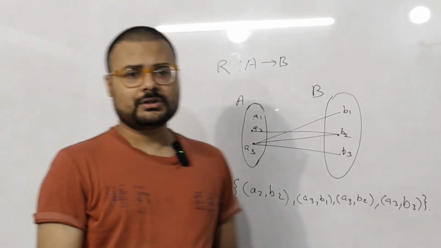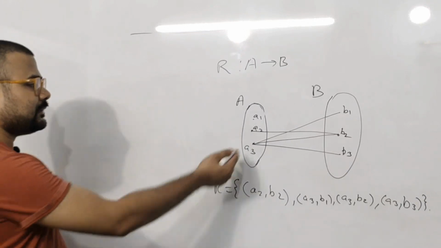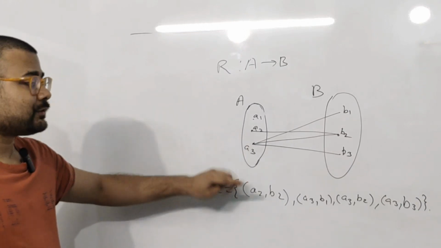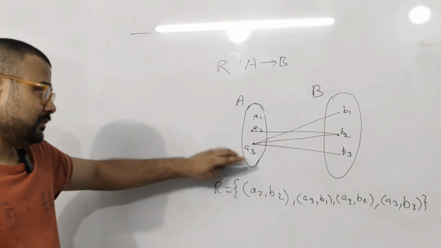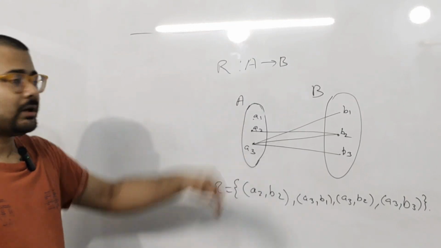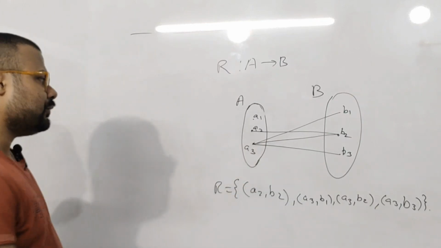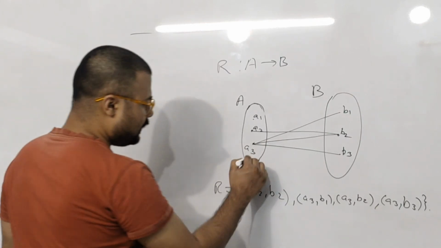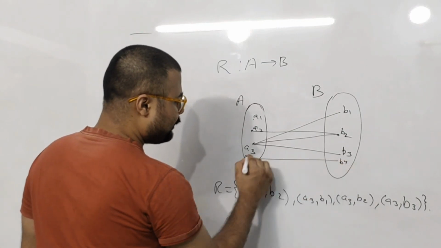So when it comes to a relation, a lot of things are possible. Consider A3; there may be a lot of such elements in A that have multiple lines going out. If you take A4 also, and A4 is mapped to B4, B5, B6.